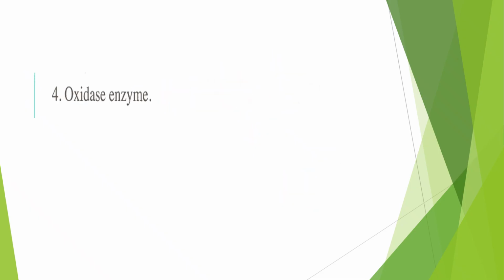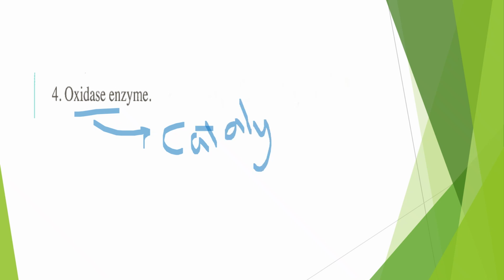Oxidase enzyme. Oxidase enzyme is found in the sweet potato. It is a catalyst. Why? It can speed up the decomposition, increasing the rate of the decomposition of hydrogen peroxide into oxygen and water.